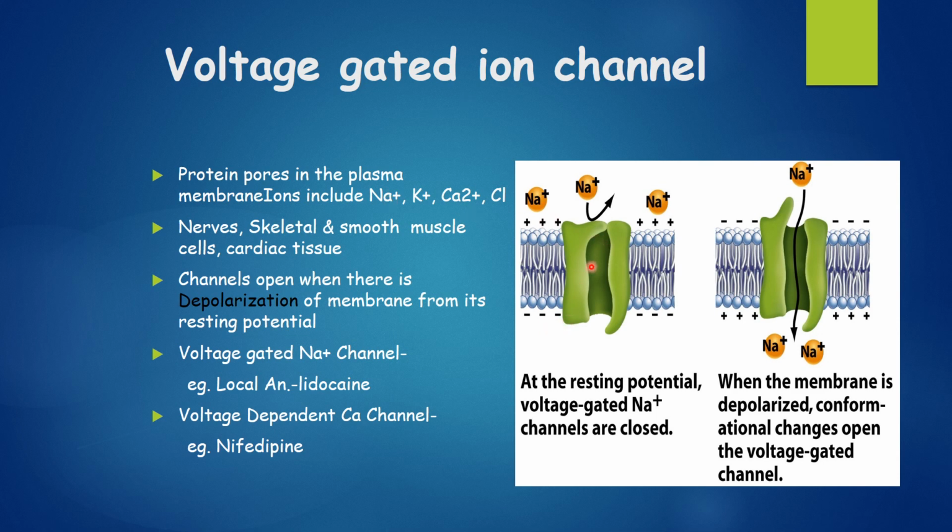When it is depolarized, the upper part will be negative and the inner part will be positive. At that time the channel will open and facilitate the movement of sodium. An example of a voltage gated sodium channel blocker is the local anesthetic agent lignocaine, which acts on voltage gated sodium channels.